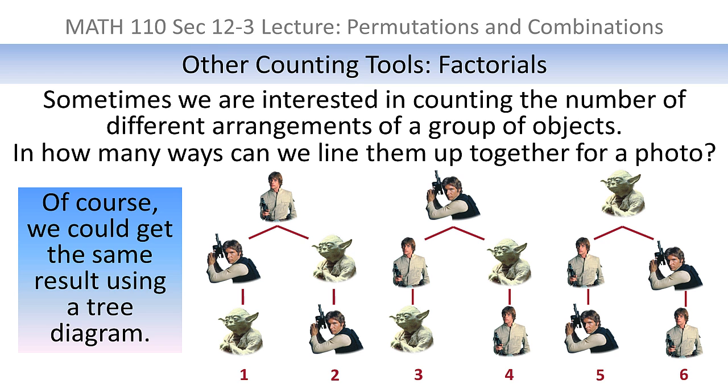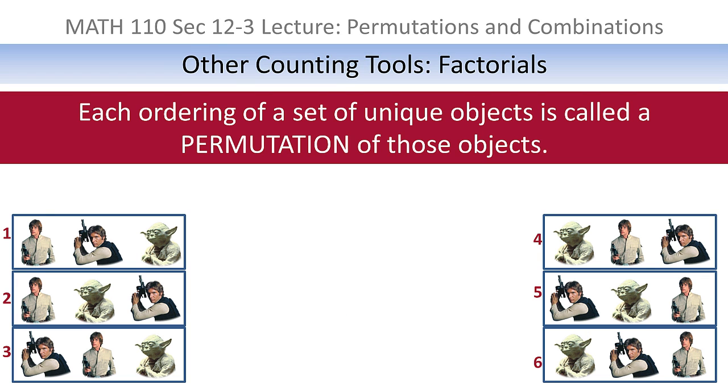If I did it with a tree diagram, I would get the same 6 results. Each ordering of a set of unique objects is called a permutation of those objects. So if I'm thinking of Luke, Han, and Yoda as the 3 objects, then there are 6 permutations of those 3 people or objects, each one specifying a different order for, say, a photo shoot.